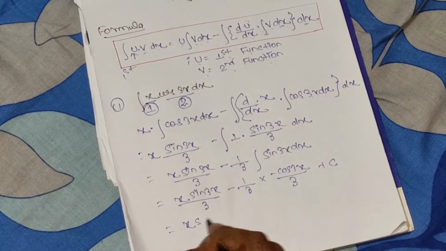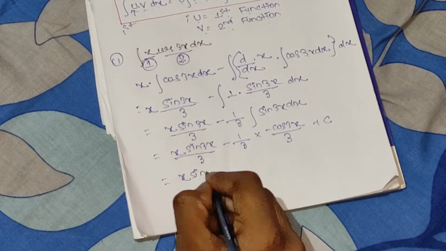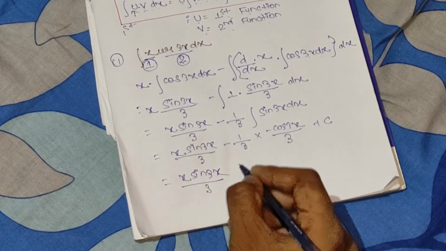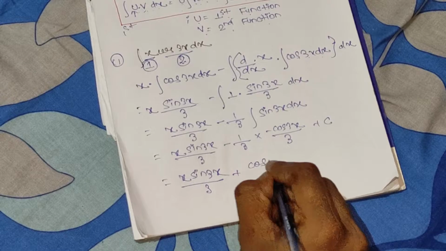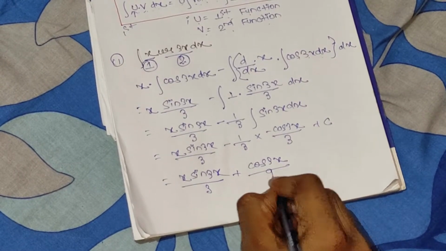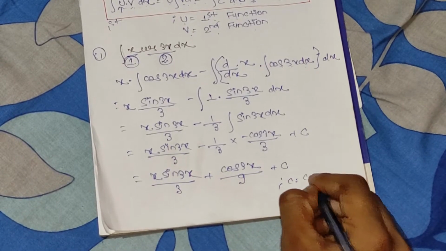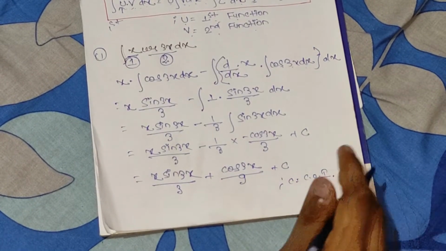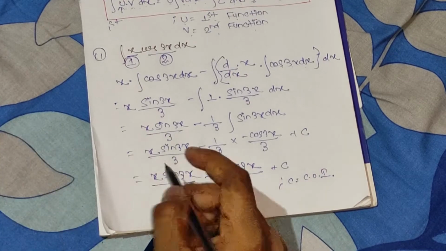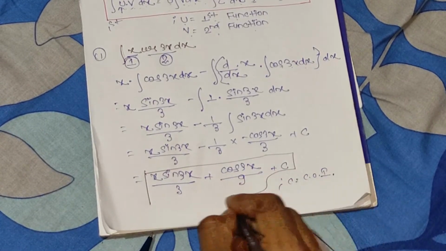So the final answer becomes x sin 3x by 3, minus minus becomes plus, cos 3x by 9 plus c, where c is the constant of integration. So this is the answer of this question.